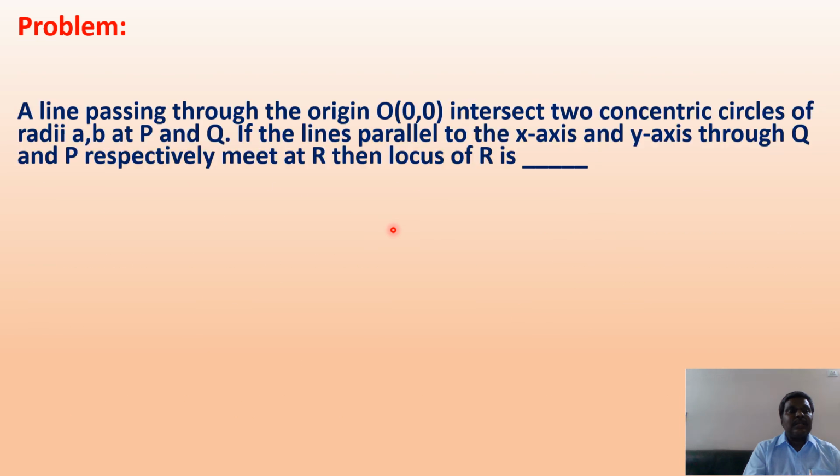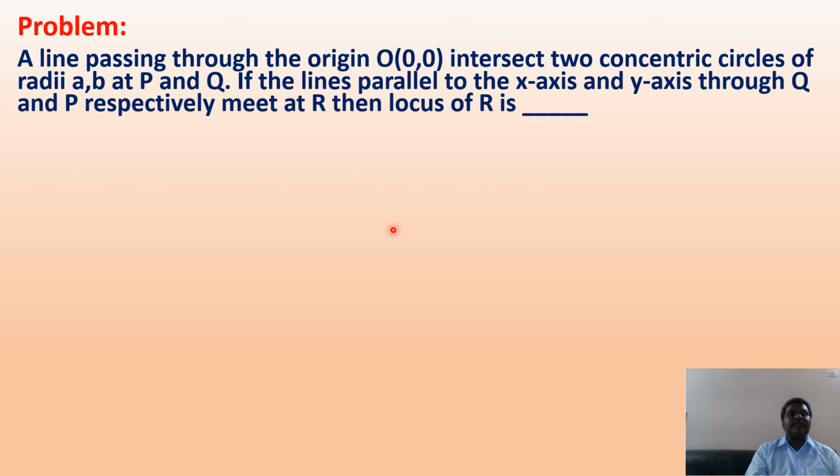Let us see the problem related to the parametric equations. Observe the problem. A line passing through origin O(0,0) intersects two concentric circles of radii a and b at P, Q. What is given to you? Some line is there.